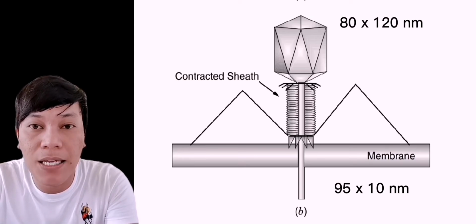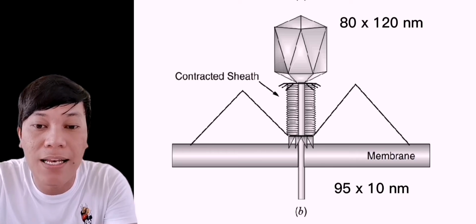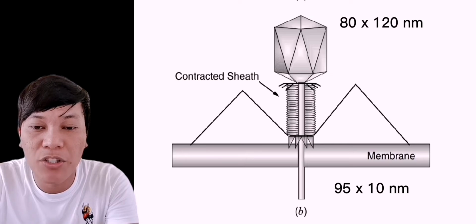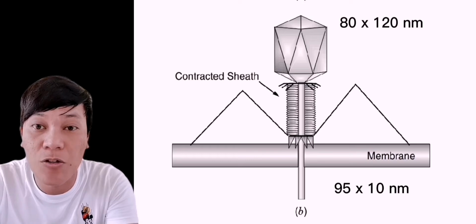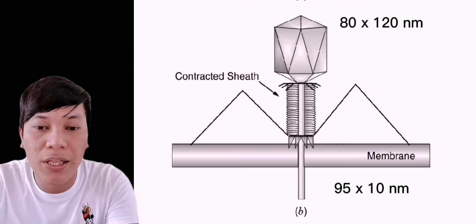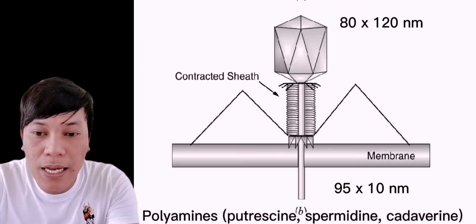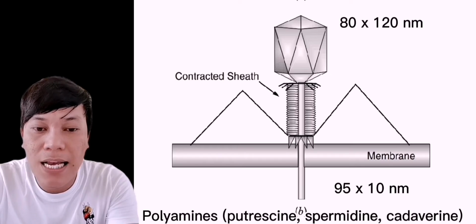Within the capsid is a linear, double-stranded DNA molecule measuring 1.3 times 10 raised to positive 8 daltons, or 1.69 times 10 raised to positive 5 base pairs. Associated with the DNA are a number of polyamines: putrescine, spermidine, and cadaverine.